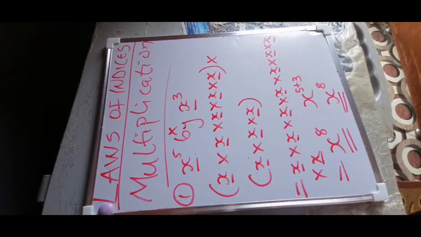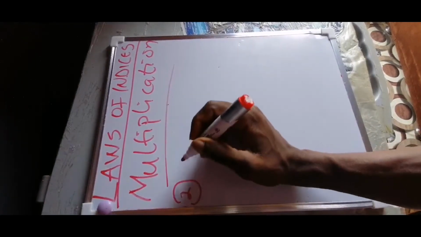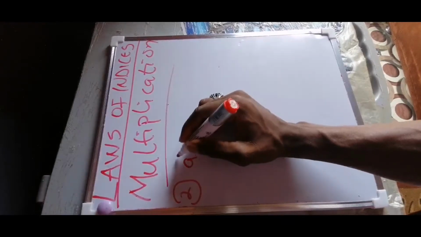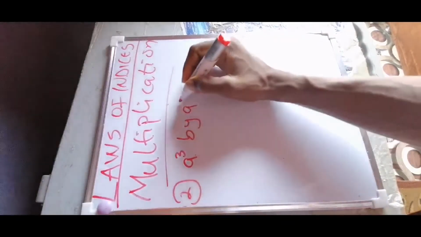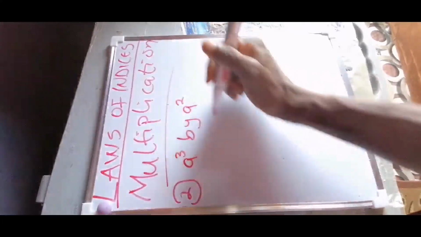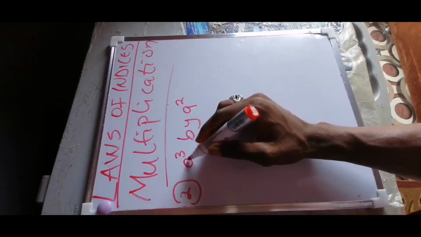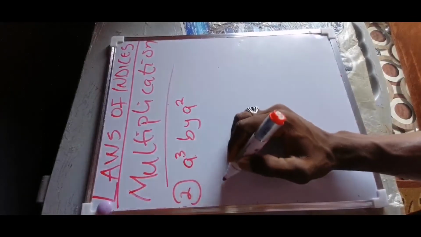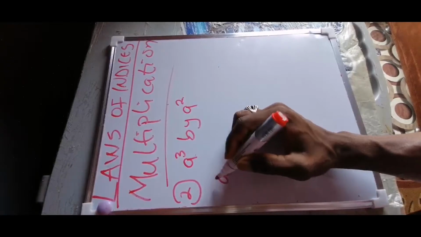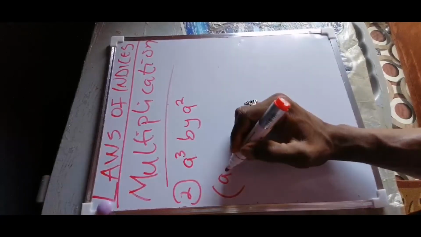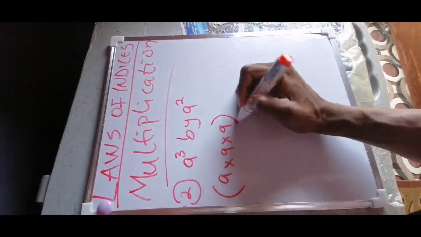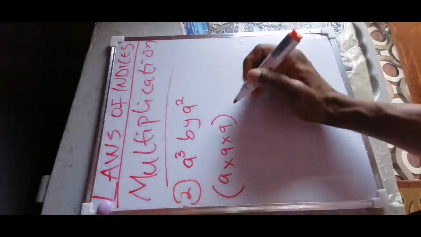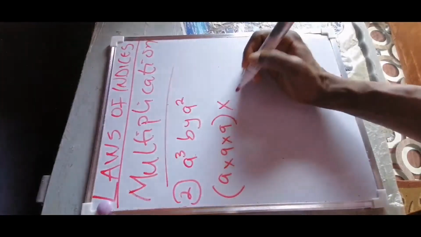So the next one, example 2: a raised to the power of 3 by a raised to the power of 2. How are we going to solve this by using our laws of indices? It's very, very simple. Here we have 3 a's, so we make sure we open our bracket first, then a times a times a. We close our bracket. Then by means times.